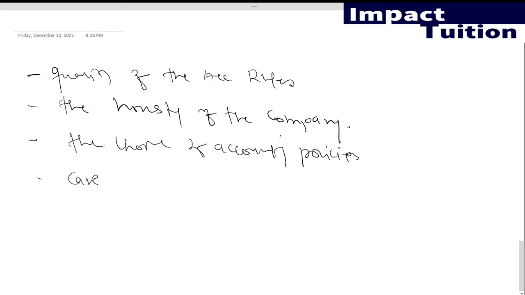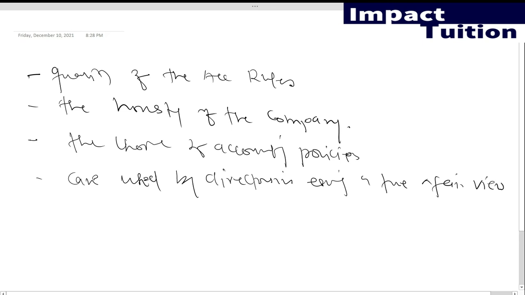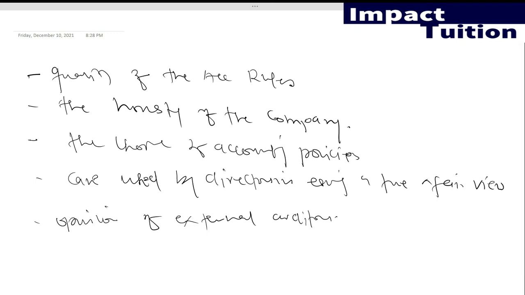The care used by directors in ensuring a true and fair view. And then finally, the opinion of the external auditors. Now, the opinion of the external auditors should be the opinion of independent professionals. So these are the roles that financial reports play in corporate governance.